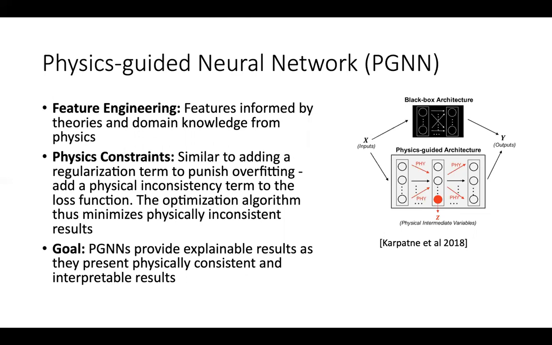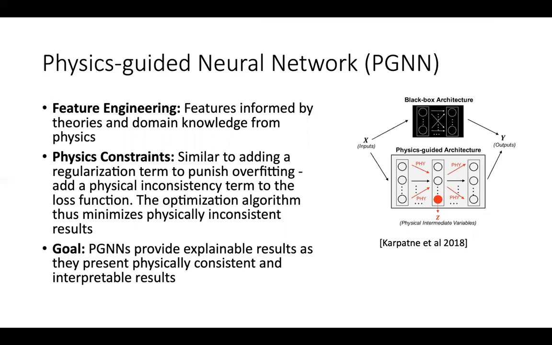And complementing that is work in physics on what the authors call physics-guided neural networks. And so they tackle this problem from three different perspectives. One is a more traditional approach, which is that feature engineering is informed by theories and domain knowledge from physics. Second is adding physical constraints.